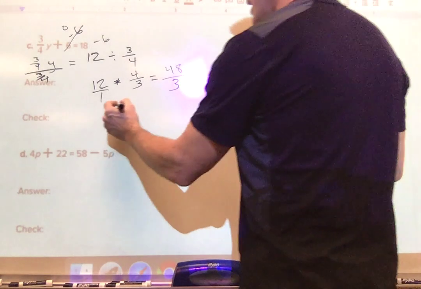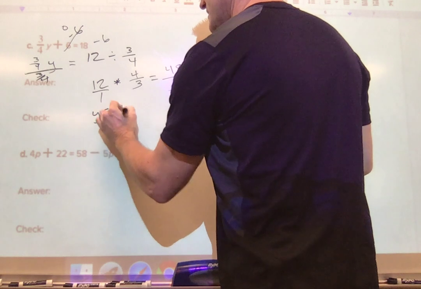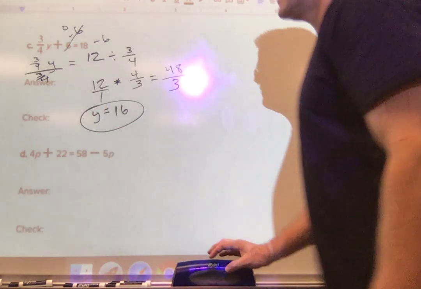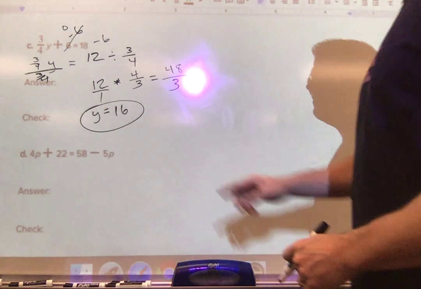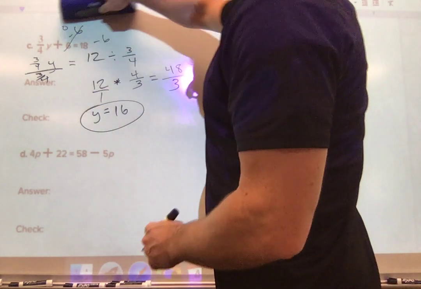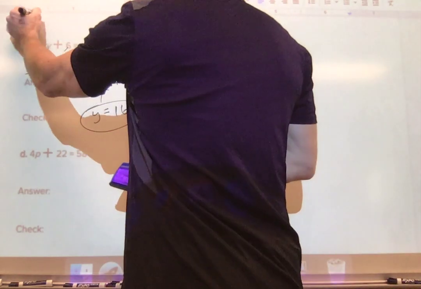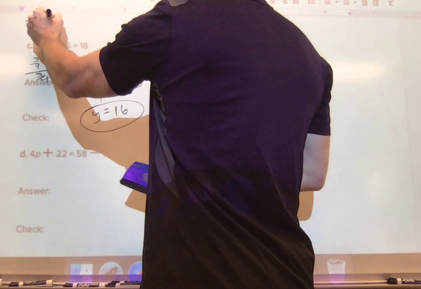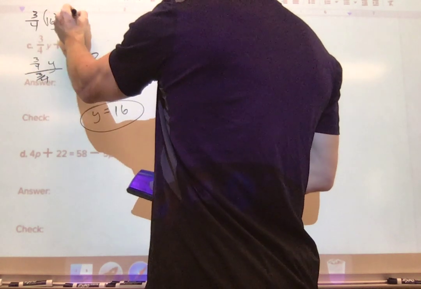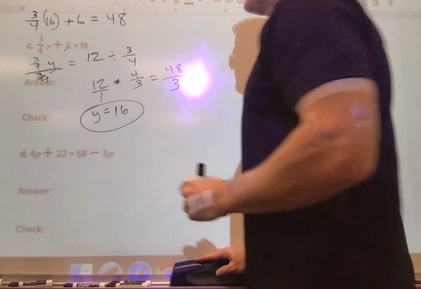So I know y equals 16. And if I plug it back in up here, I'd have 3/4 times y, which is 16, plus 6 must equal, excuse me, not 48, 18.